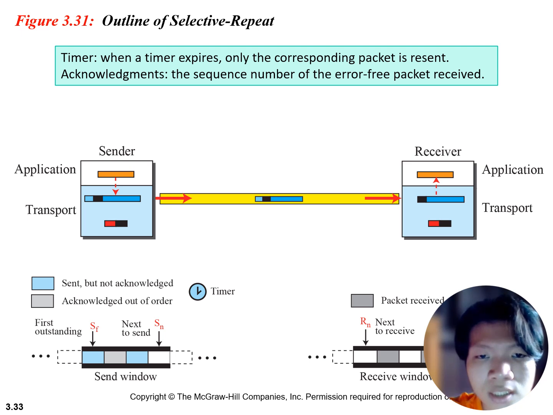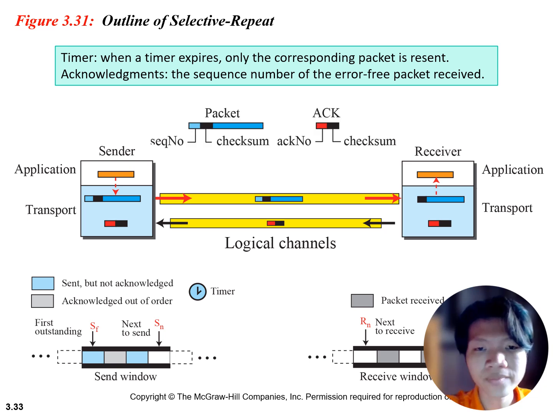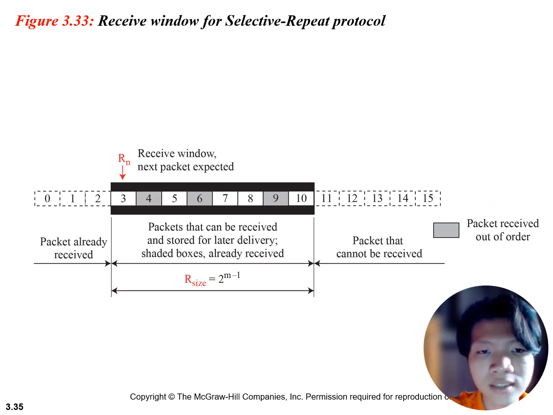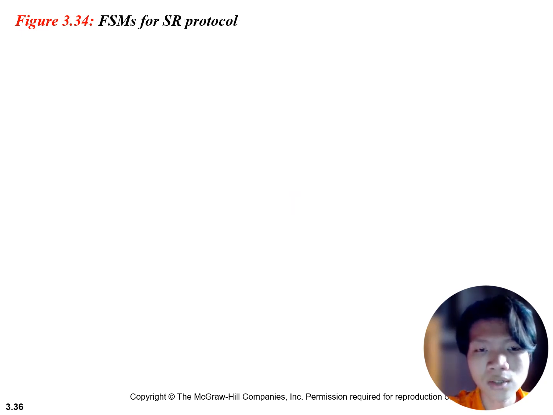Acknowledgements: the sequence number of the error-free packet received. Here is the send window for the Selective Repeat protocol, and this is the receive window for the Selective Repeat protocol. And these are the FSMs for the SR protocol.